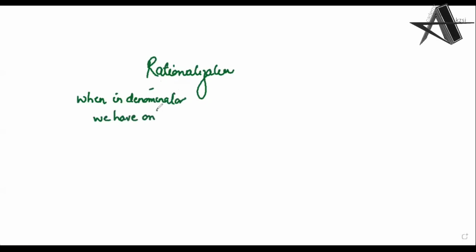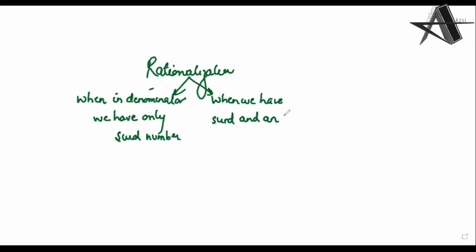First, when in the denominator there is a pure surd, when we have only a surd number. And second, when we have a surd and an integer in addition or in subtraction.